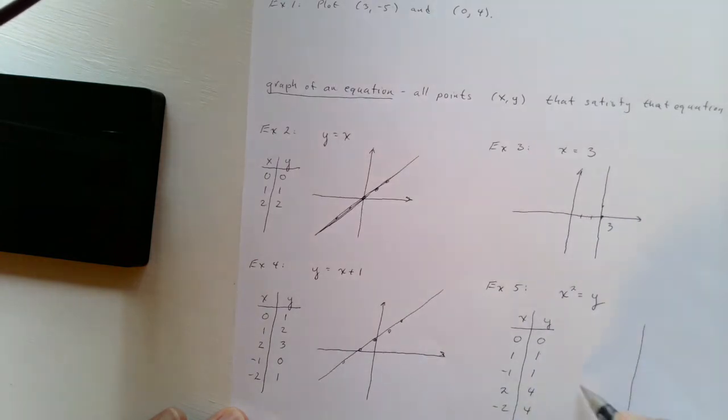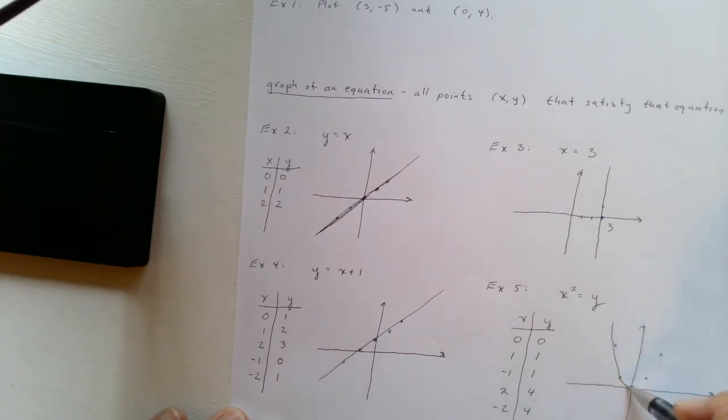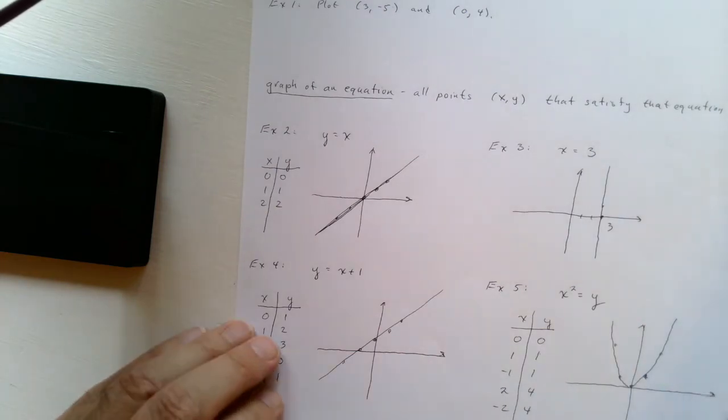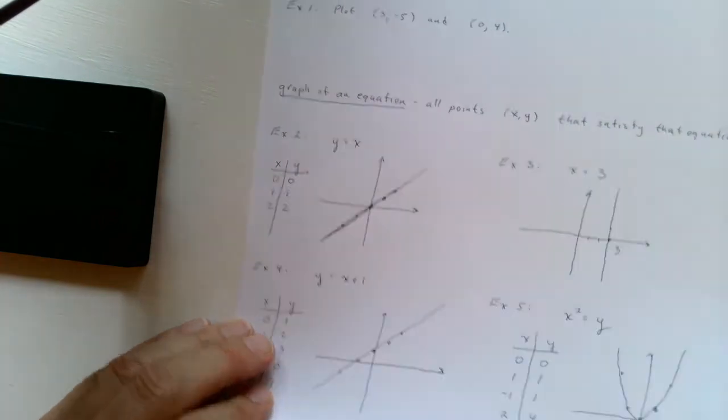And so if we plot these points, we get a parabola. It's actually the graph of y equals x squared. So these are graphs you should be able to recognize, hopefully you've seen them before.